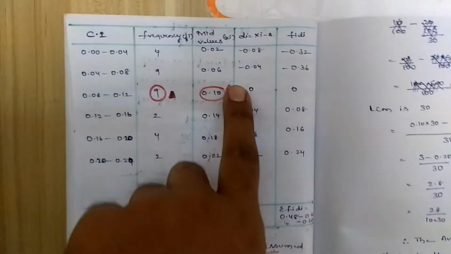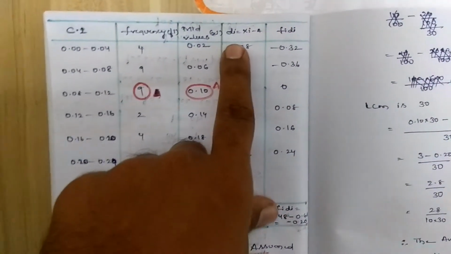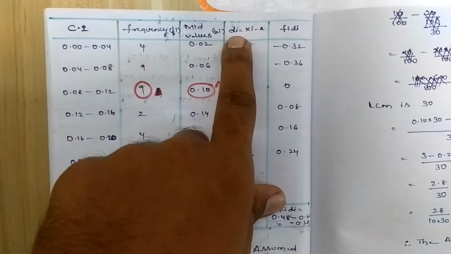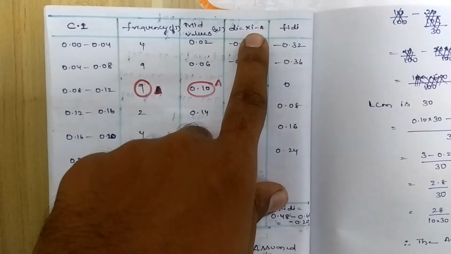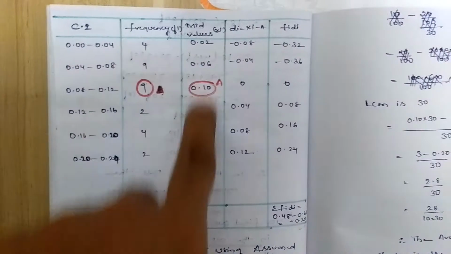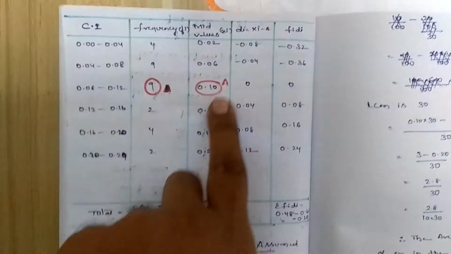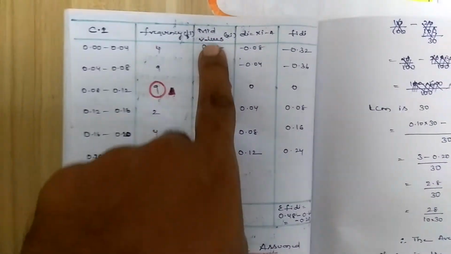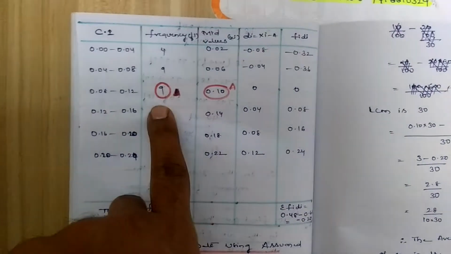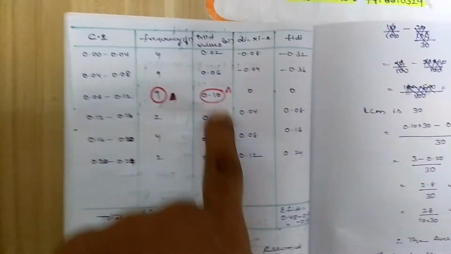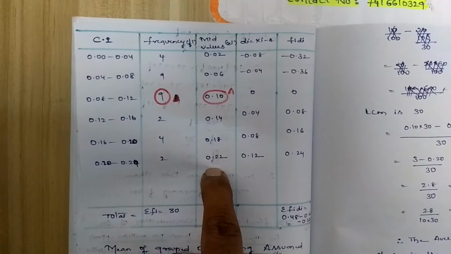Okay students, after taking the assumed mean A from any of the observations in the mid values, you perform DA. What is the formula here? Deviation: DA equal to xi minus A, where xi is all the values and A is whatever we assumed. You can take any value as A, instead of 9, and you will get the same result. Don't be confused.